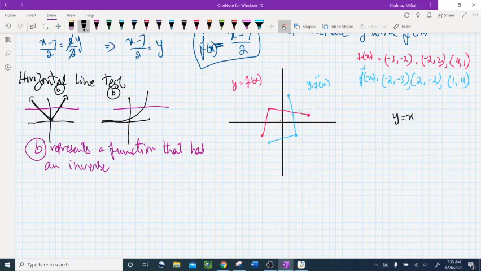So I'm going to draw the line y equals x. You know y equals x means the slope is 1 and the y-intercept is 0 because it's not there. So this is y-intercept 0 and the slope is 1 and 1, right? 1 and 1. So I'm just going to connect these dots.